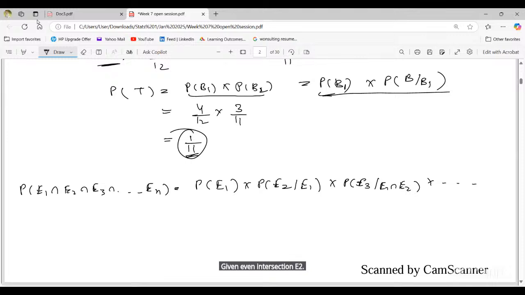This will go on till probability of En given E1 intersection E2 intersection up to En minus 1.